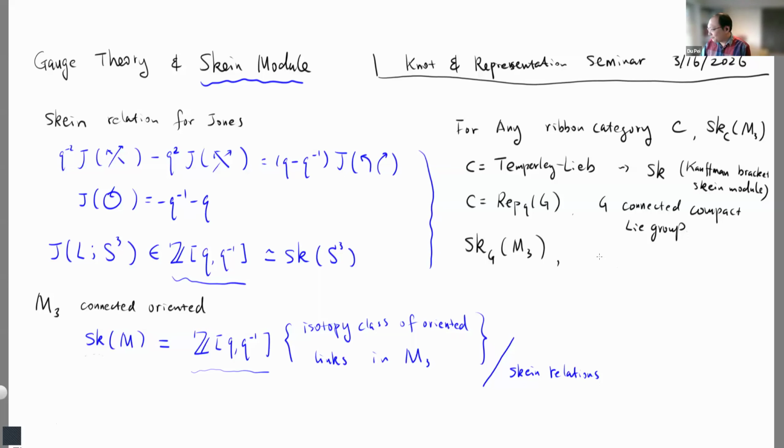And when G is SU2, this gets back to the Kauffman bracket skein module. So therefore, this would be a natural generalization of the original skein module to general Lie groups.